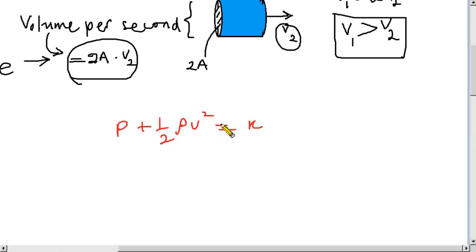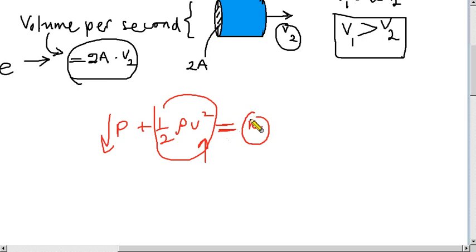I don't write the rho gh part because these 2 points are at the same horizontal level. So when this kinetic energy increases, what happens? The pressure must decrease to maintain this equal sign and to be equal to the same constant. You know that. So pressure must decrease.